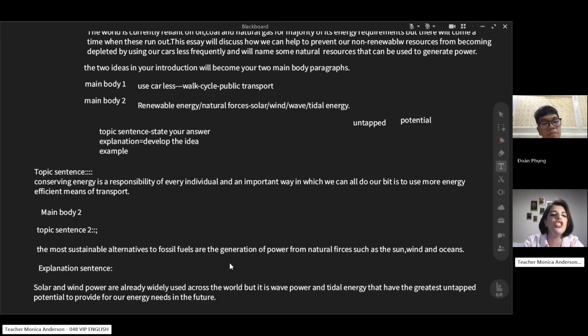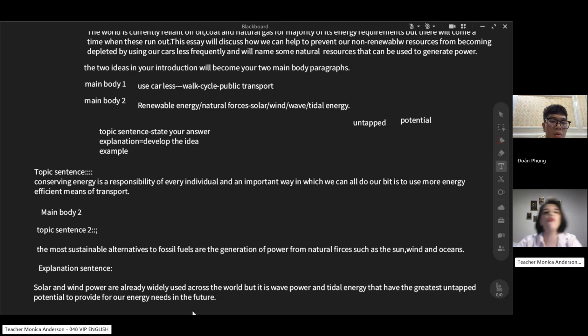We need to continually develop new technologies to enable us to produce energy from renewable sources, such as the sun, wind and water. And in the meantime, we can help to slow the rate of depletion by leaving the car at home and using more energy efficient forms of transport whenever possible.